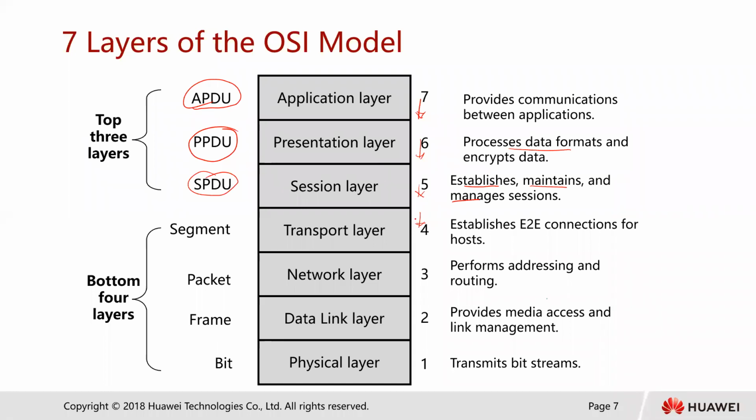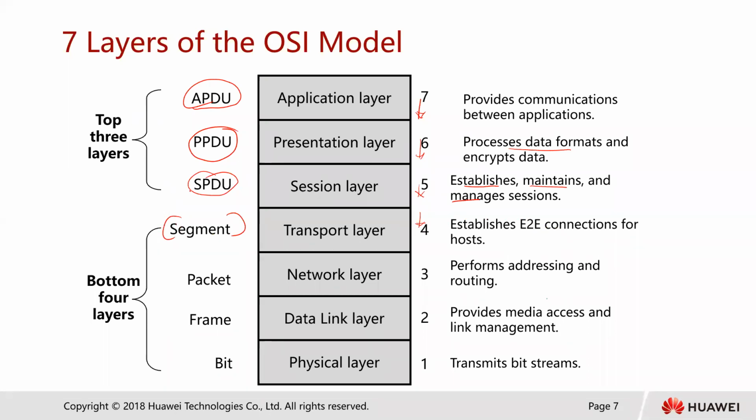So when it gets to the transport layer, this helps us to establish our end-to-end connections for our hosts, right? And after that, we are going to look at our data. It will also sometimes be called the transport protocol data unit, or its other name is what we are calling the segment.